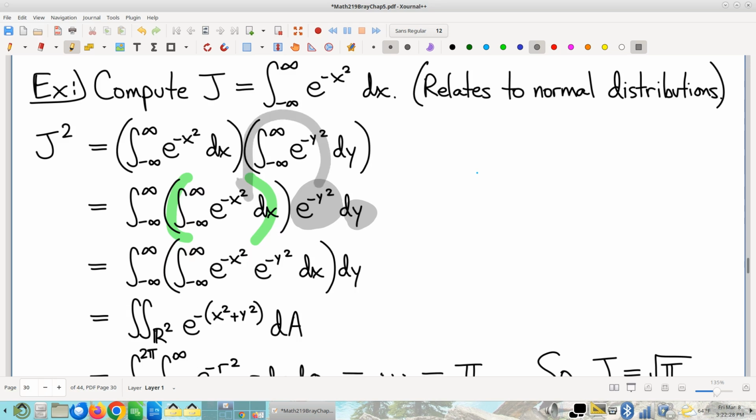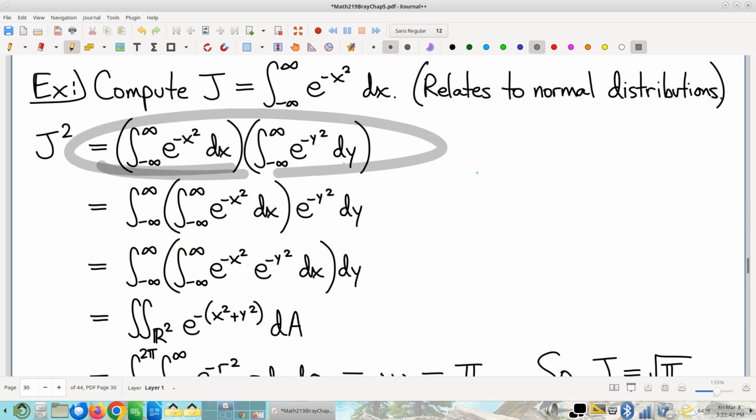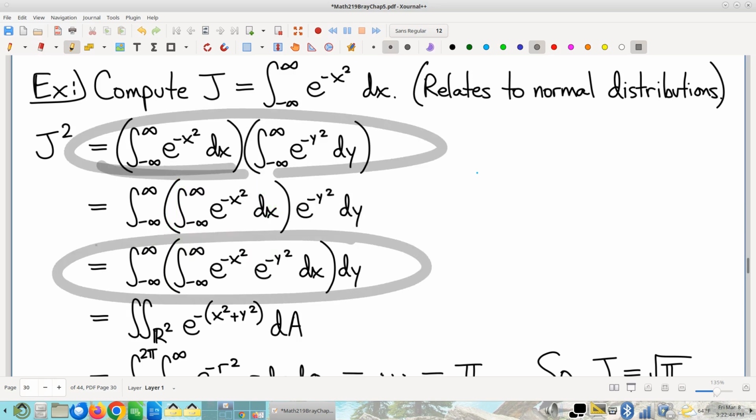So it will pop inside of that integral, like so. All right, so this is kind of a weird little combination of tricks, and yet what we've got now is a product of two integrals has turned itself into an iterated integral, which is not hard to turn into then this double integral.